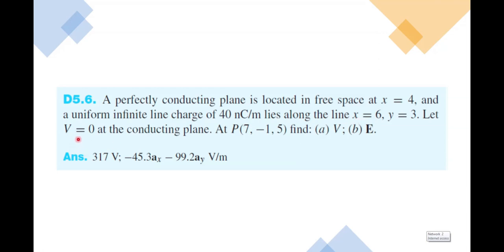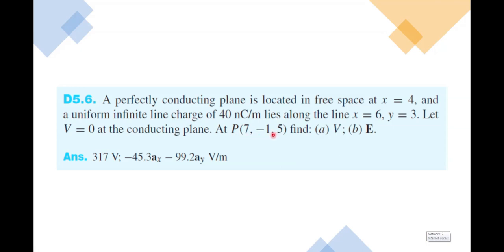Let V equal to 0 at the conducting plane. At P, find the potential and the electric field at point P having coordinates 7, -1 and 5.